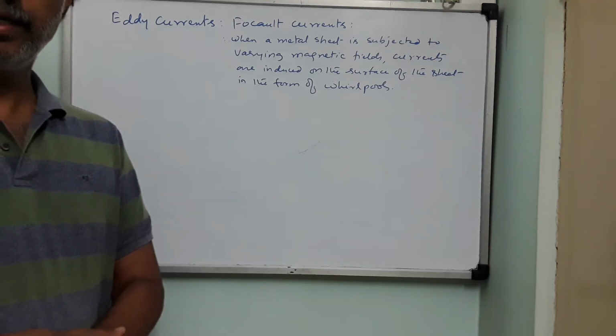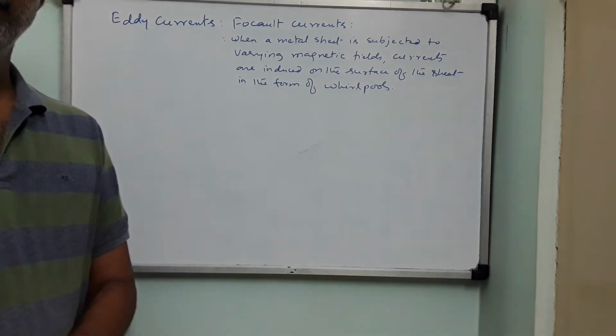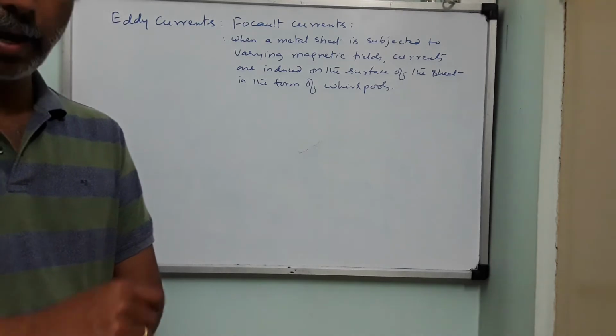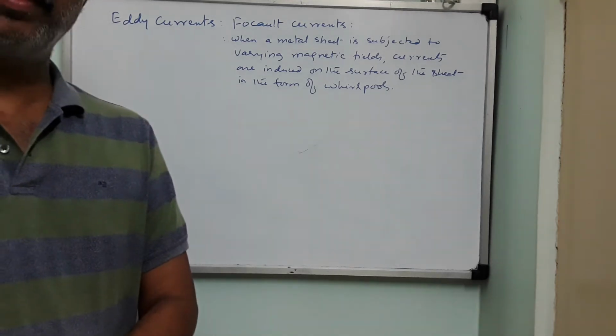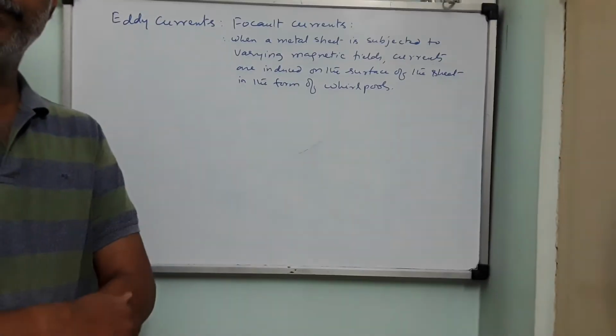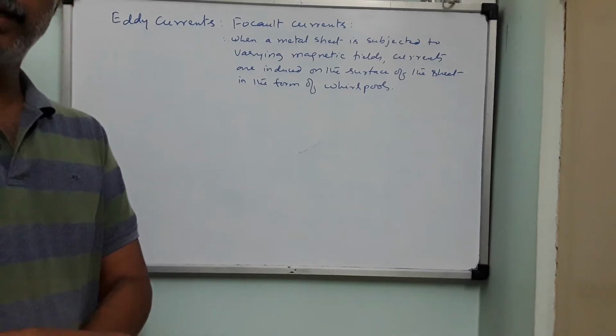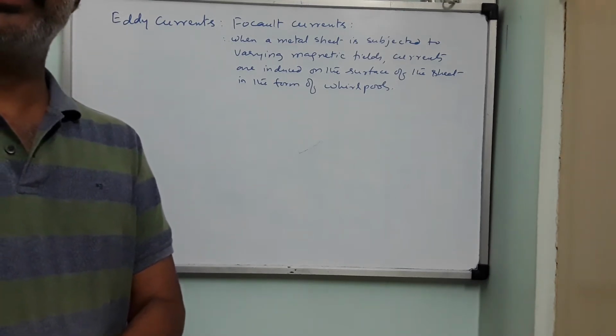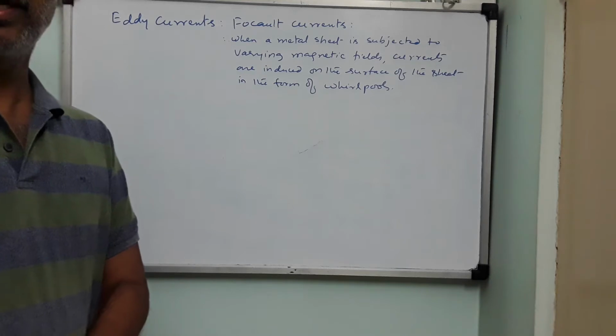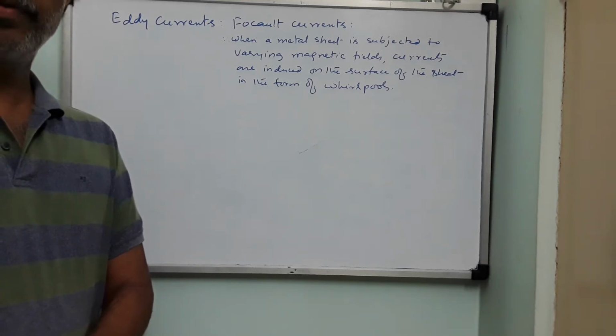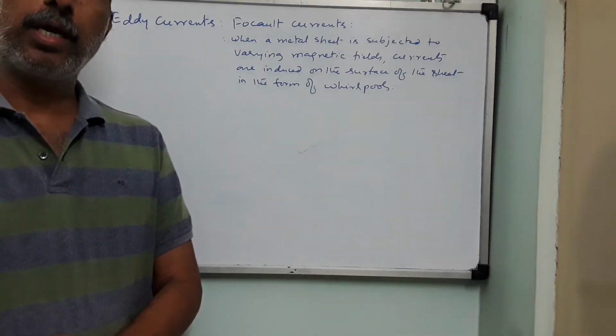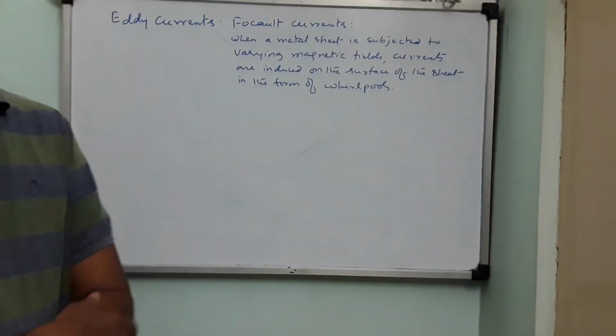Transformers work on AC, alternating currents. So the magnetic field associated with them will also be alternating, changing with time. Due to change in the magnetic field, the flux also changes, and due to change in the flux, currents are induced. So on the surface of these cores, currents are induced in the form of whirlpools.